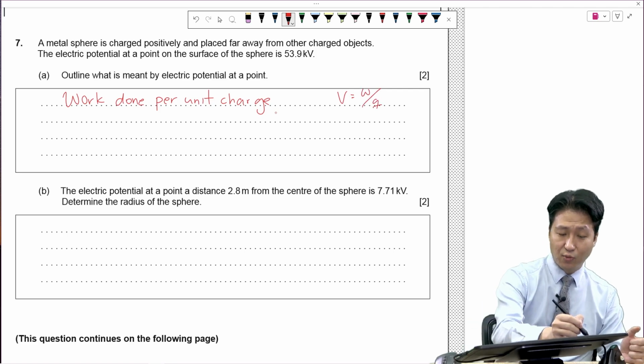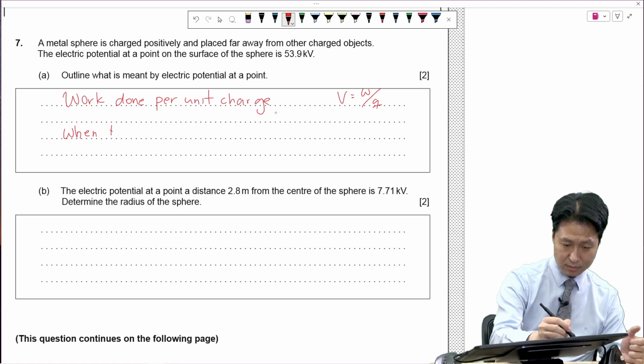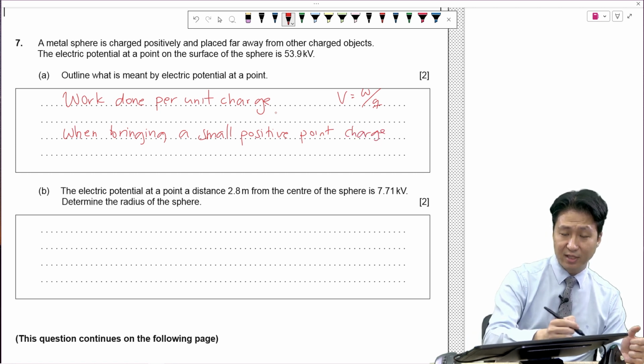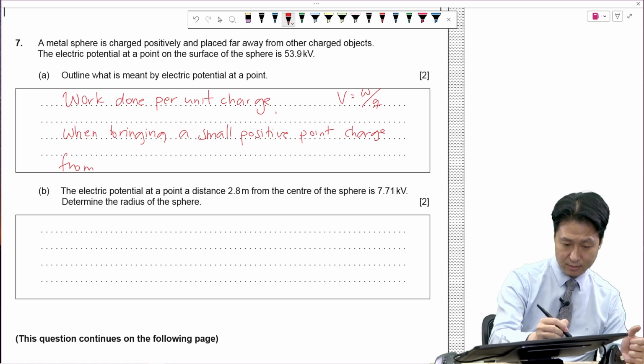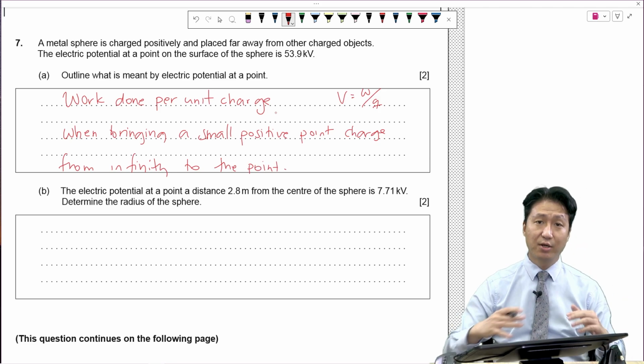But it's the work done when you bring a small point positive charge from infinity to the point. So basically, it's the area under the field graph.